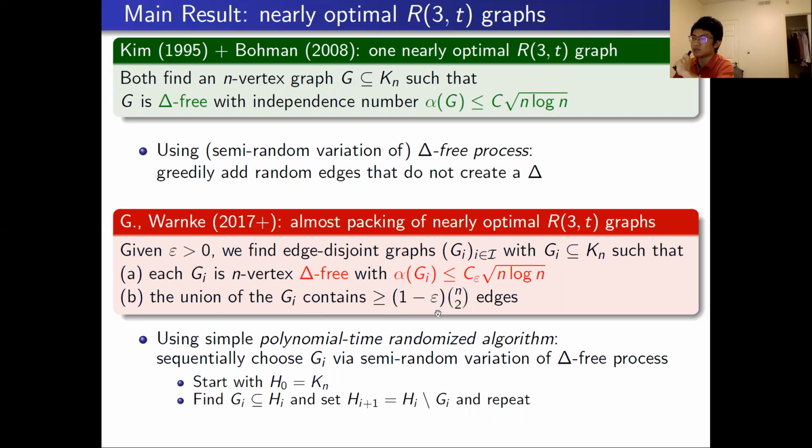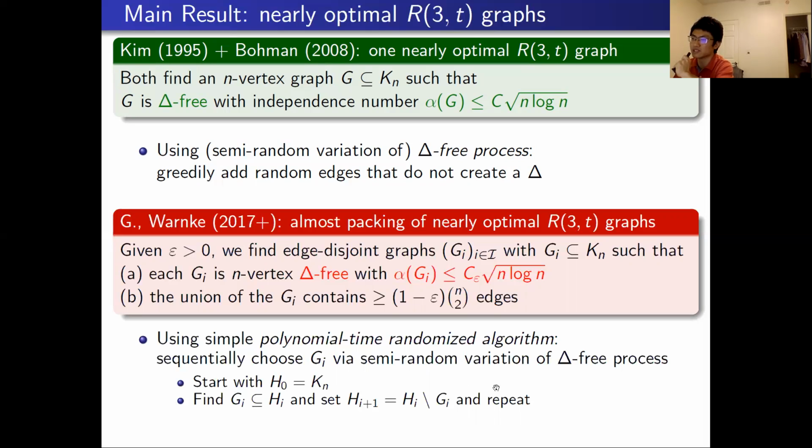And the idea to prove our result is easy. So actually, the idea is that we start with a host graph H_0 equal to the complete graph K_n. And for each H_i, we use the semi-random variation of the triangle-free process to find the graph G_i that is in this collection. And then we just remove this graph G_i from H_i and set H_{i+1} equal to the resulting graph.